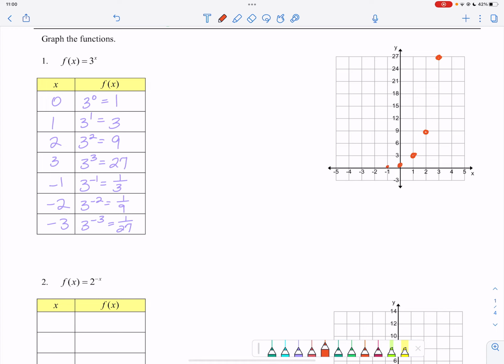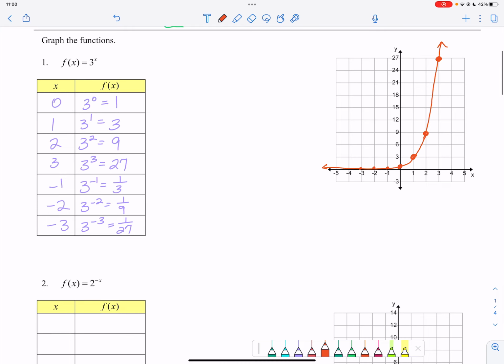It's just very, very close to the x-axis. -2, 1/9, and -3. So now, as you can see, this graph looks like this. And this is y equals 3 to the x.